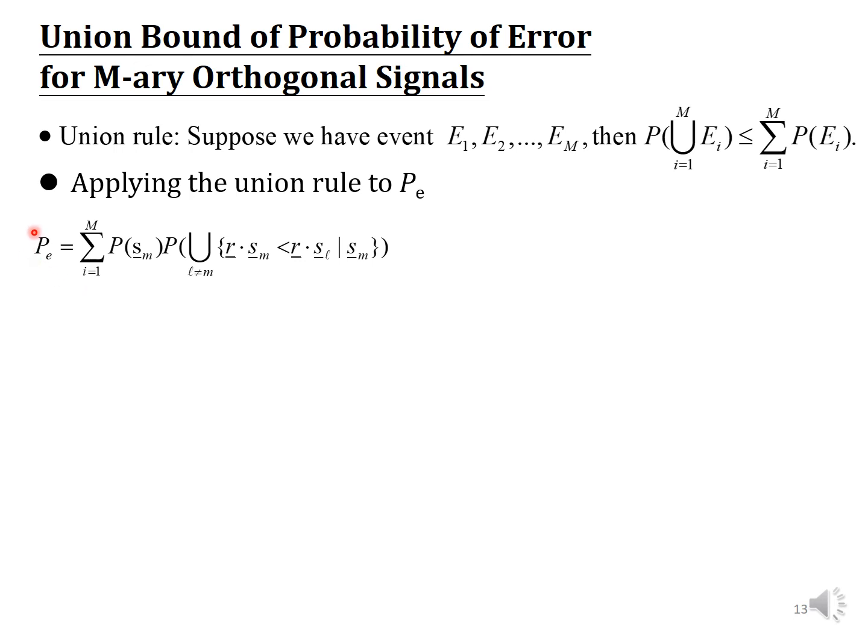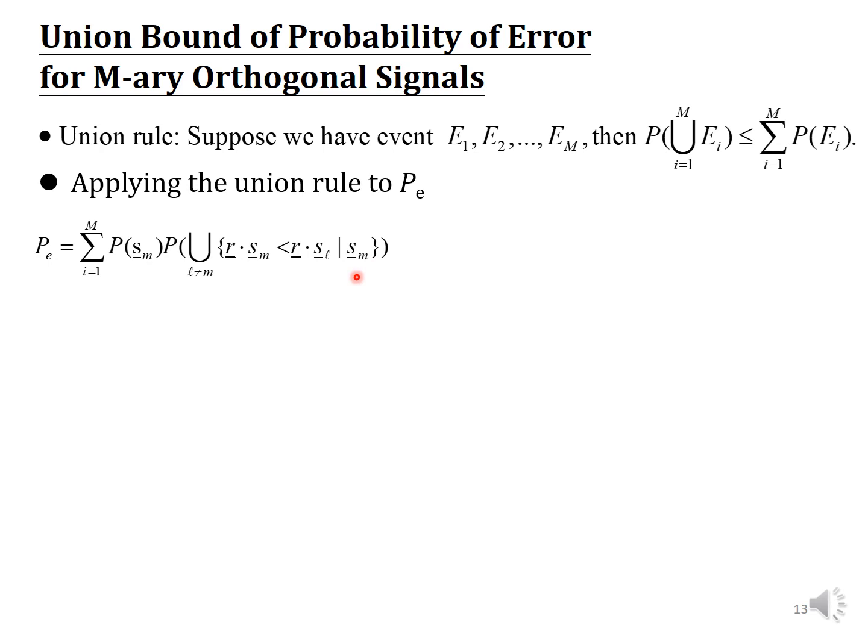Remember the error probability is the average over all the cases, for every symbol, of the symbol error rate of symbol Sm, right? And we have M different symbols. Each symbol has an error probability, which is the union of all the error cases when Sm was sent.